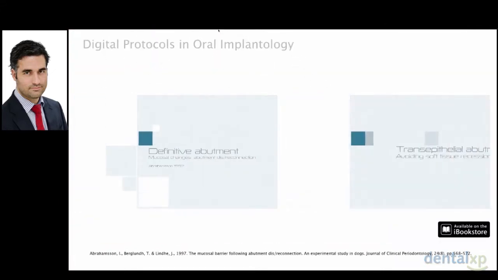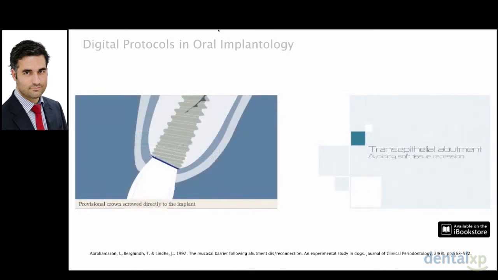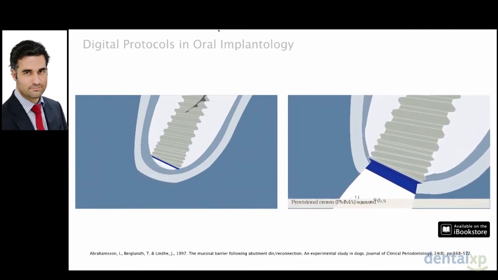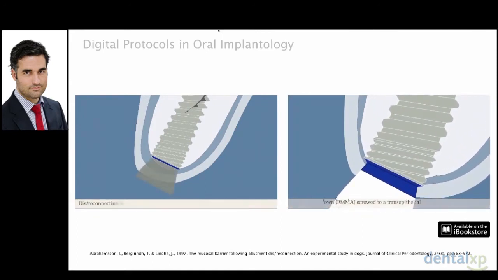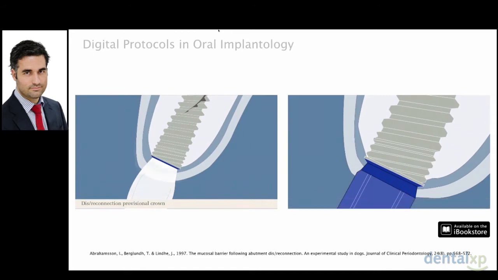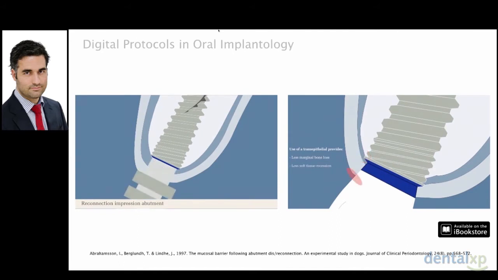Why do I use an intermediate abutment? There is a very nice article from Abrahamsson in 1997, an experiment in dogs, that explains that if you connect and disconnect the abutment, the mucosal barrier was always cut and the hemidesmosomal connection was interrupted, so you had a lot of recession.